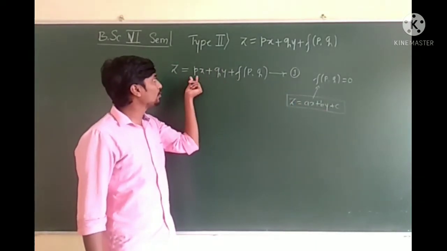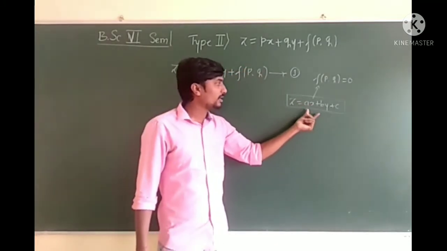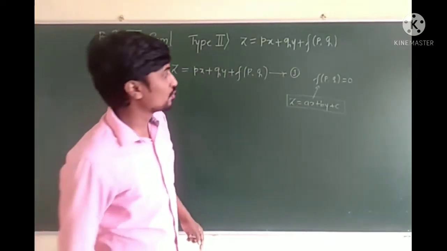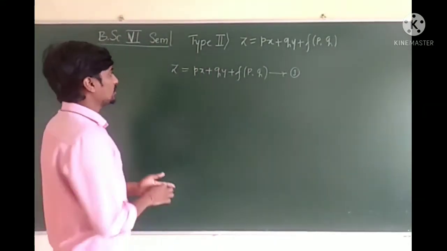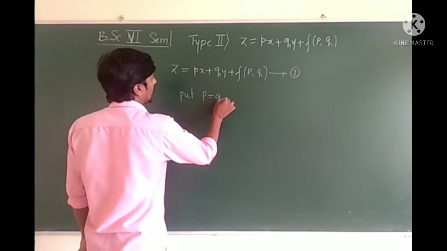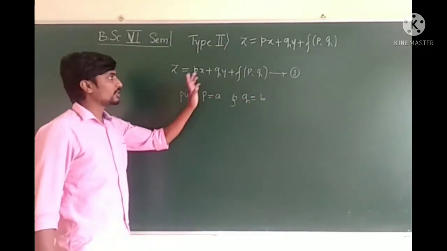When you substitute p = a and q = b, it turns into exactly this format. So it is clear that to solve such equations, you just put p = a and q = b.